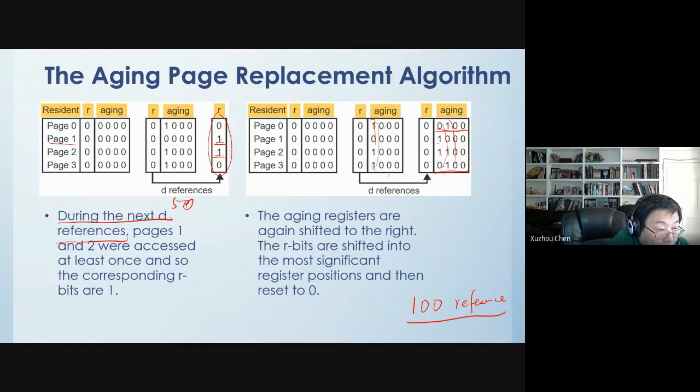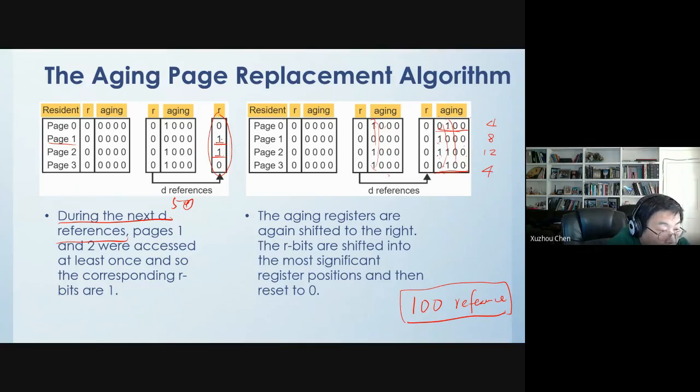If you look at the value for this 4-bit, this is corresponding decimal value 4, that's 8, right? And this is 12, and this is a 4. So the smallest number basically means, okay, it looks like in the past 100 references, all the pages are referenced.